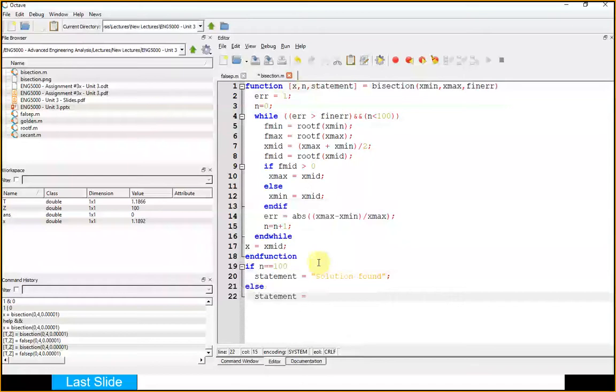No, I shouldn't say solution found. I should say too many iterations, solution not found.